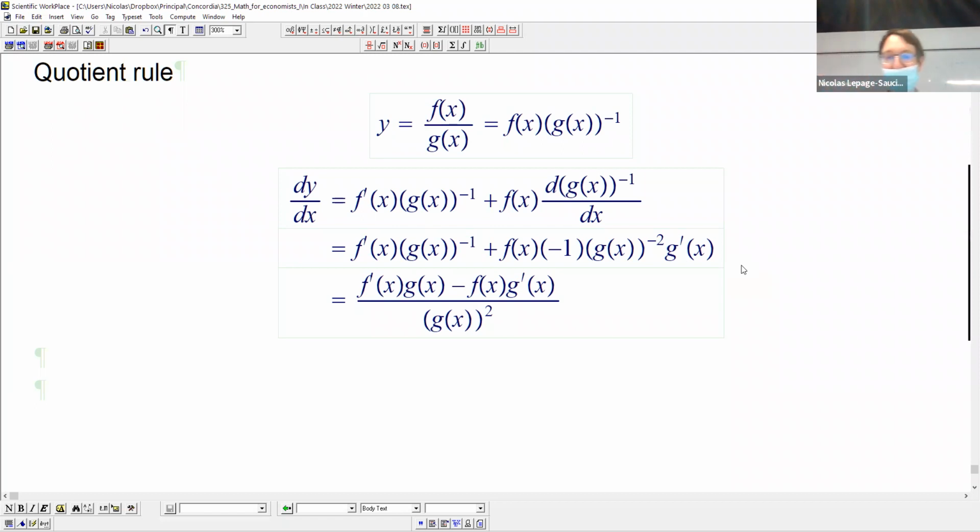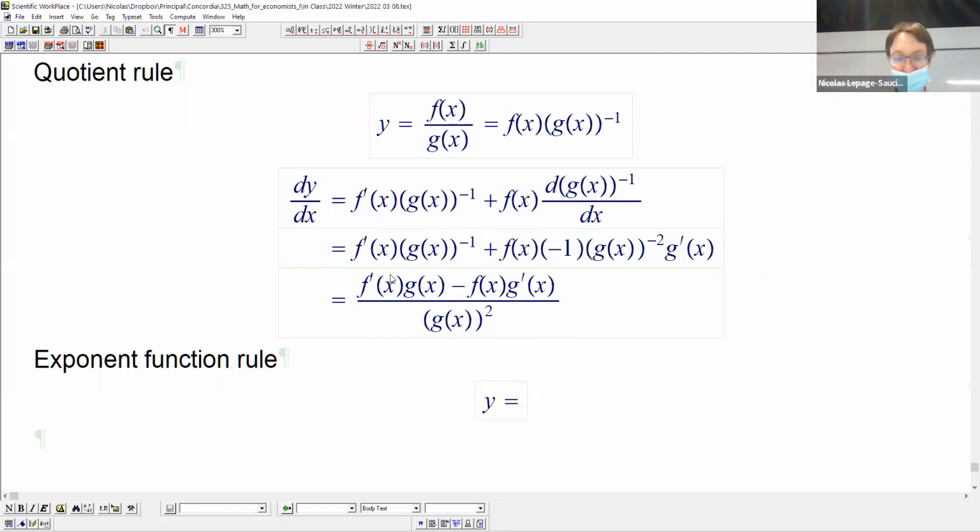All right, exponent function rule. So power rule is when I have x to the n. Now exponent function is something to the x. Y equals a to the x, where a is some function.